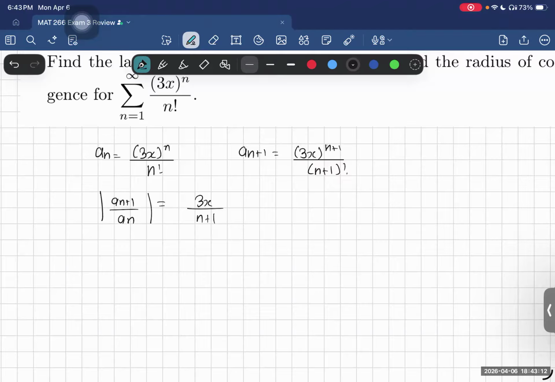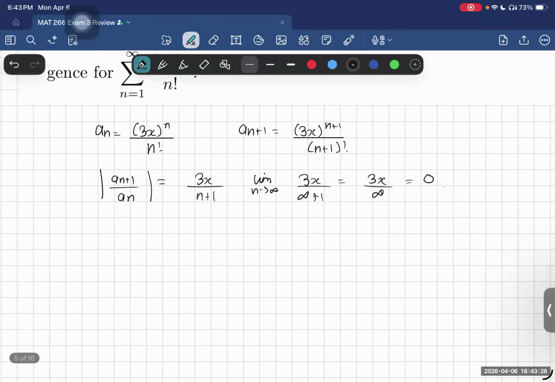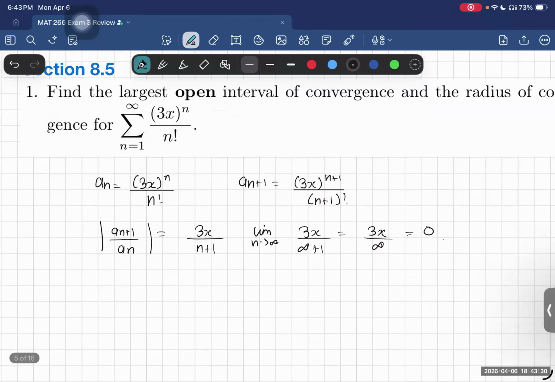So let's see. Now, if I apply my limit as n tends to infinity, I will have 3x over infinity plus 1, which in turn is just 3x over infinity, and anything divided by infinity is just 0. All right. So basically, what the question is asking us is what is the largest open interval of convergence?